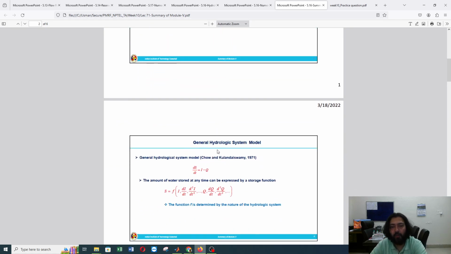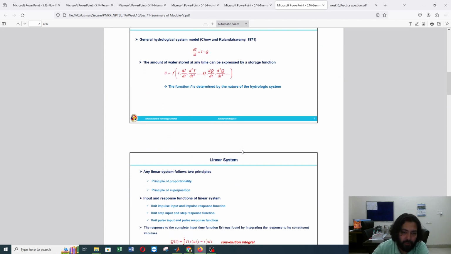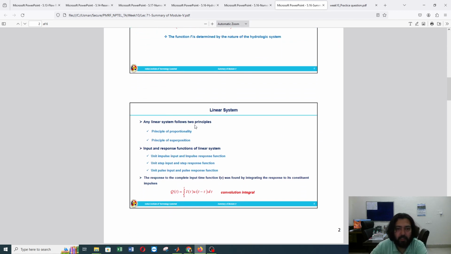Then we looked into the hydrological system model, where we studied the linear system model approach. In the linear system model we talked about two principles: the principle of proportionality and the principle of superposition, right? Then we studied the input and response functions of a linear system, of which there are different types: impulse, pulse and step.